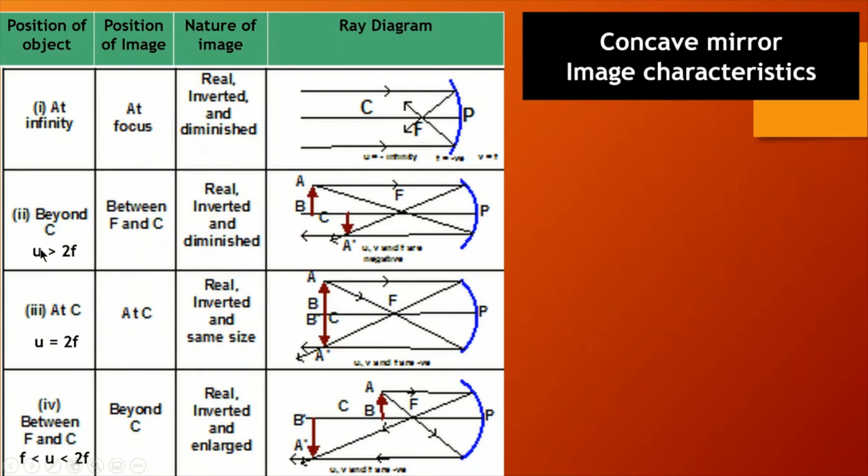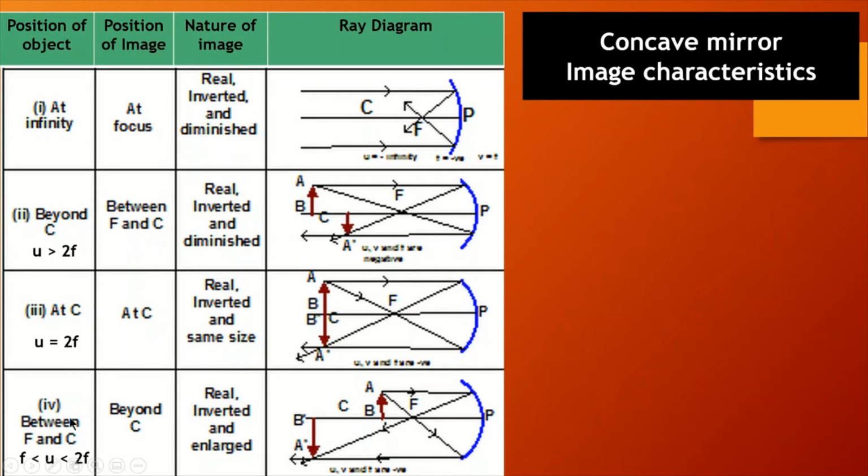Now, if we bring the object nearer and place it at C, so u equals 2f, the image is still real, inverted, but this time it is the same size as the object. It's no more diminished, no more smaller, but same size.